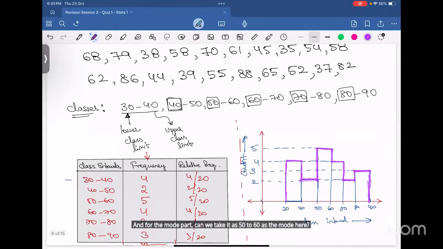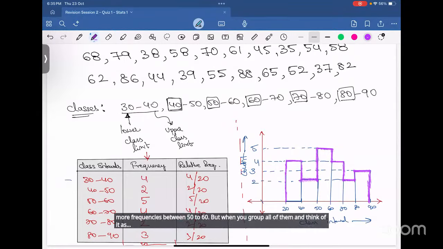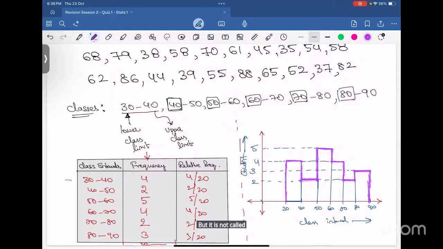No, right? Again, the most frequency is at 50 to 60, but when you group all of them and think of it like discrete data, then you can say 50 to 60 has a high number of data points, but it is not called as mode.